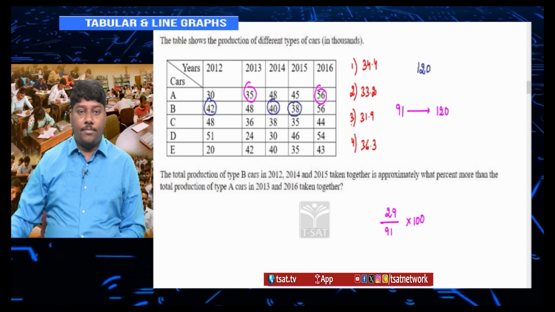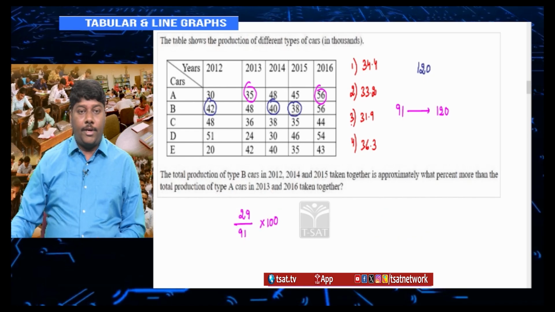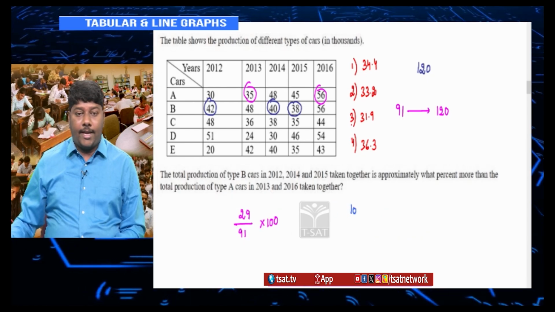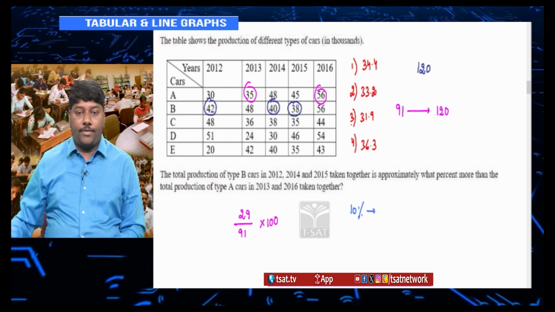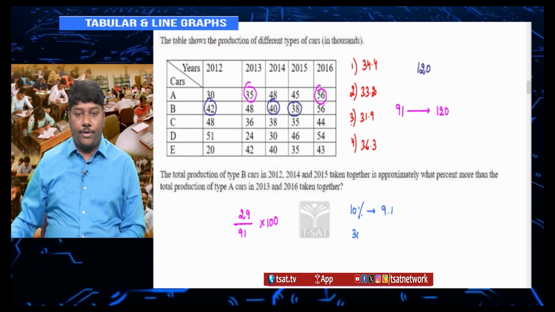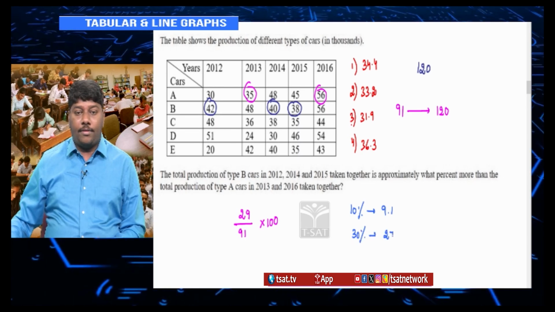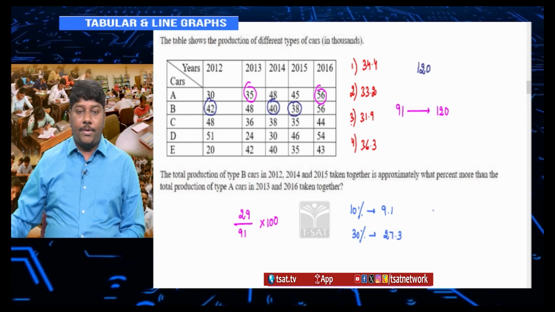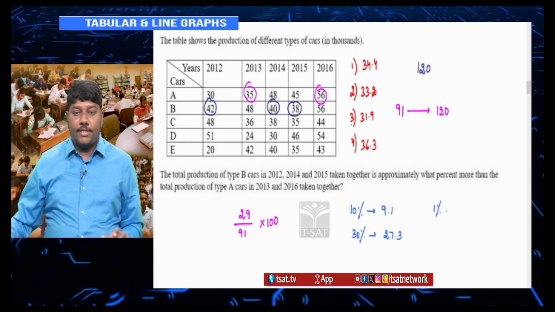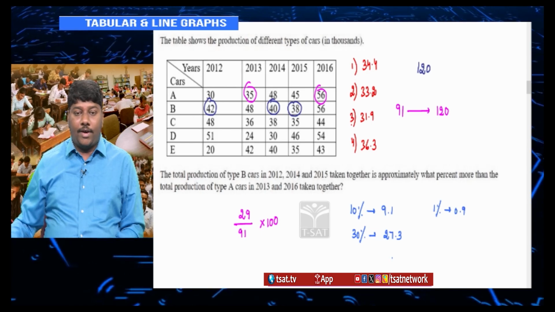Now I told you in terms of percentage, how do we do it? See, when you take 10% of your denominator, it is actually what? 91. 10% of 91 is 9.1. Therefore, I can say 30% gives you 27.3. 1% is 0.9. If I take 1%, it's actually 0.9. So 2% is 1.8.